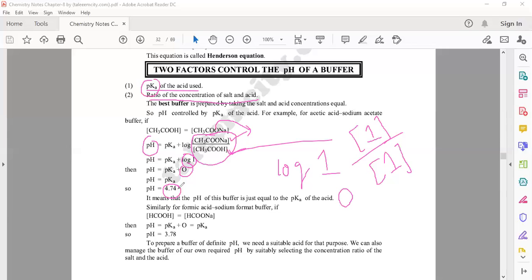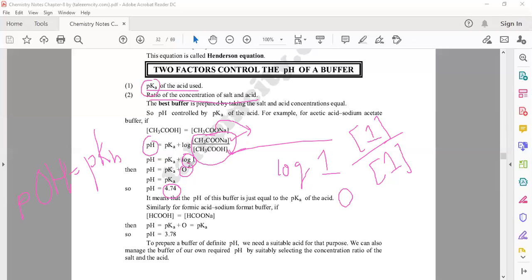When the concentrations of salt and acid are equal, then the pH is equal to pKa, and the pOH is equal to pKb. Here we are talking about the acid.